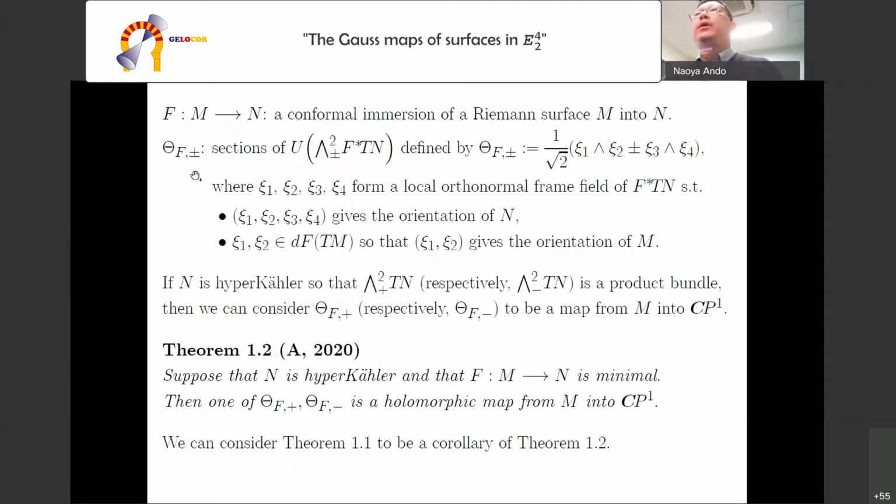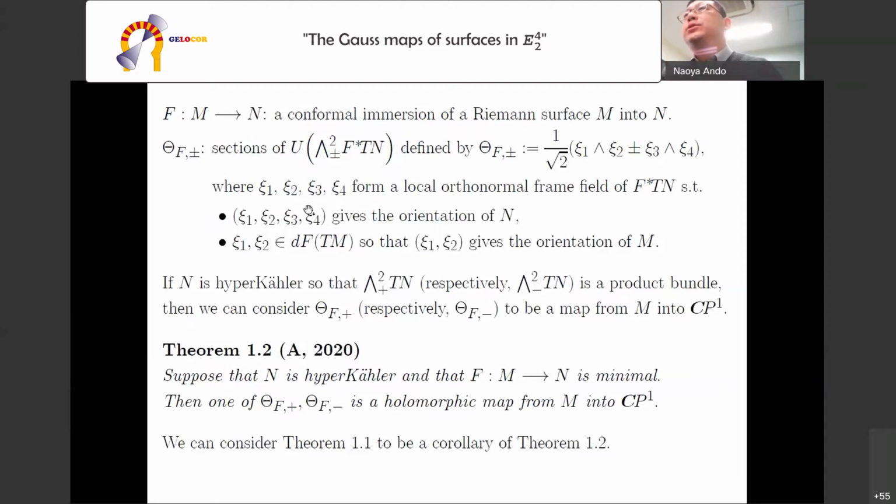Let F be a conformal immersion of a Riemann surface M into N. We denote by these sections of the twistor spaces associated with the pullback bundle of TN by the immersion F, defined by these.